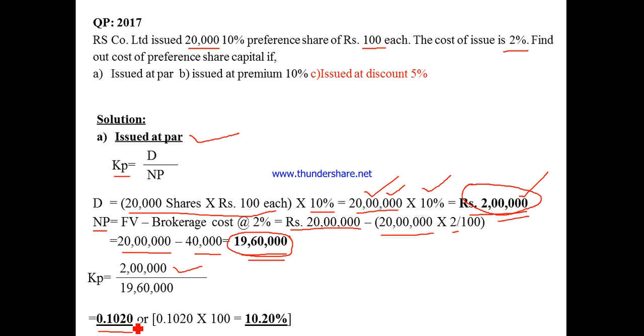If we multiply it by 100, we get 10.20%. This means that for every 100 rupees of preference share capital, the firm has to bear a cost of 10 rupees 20 paise.